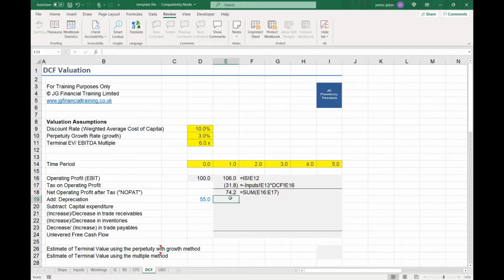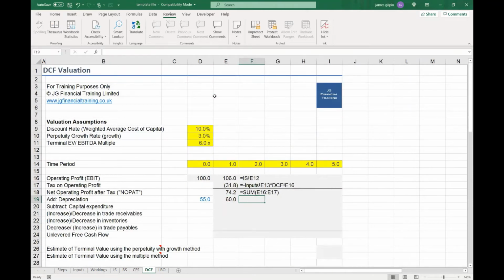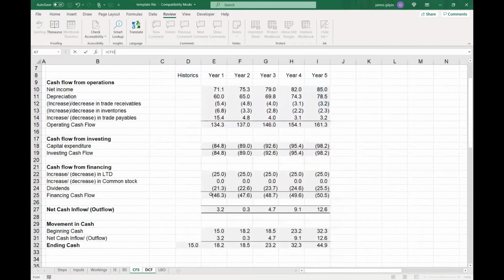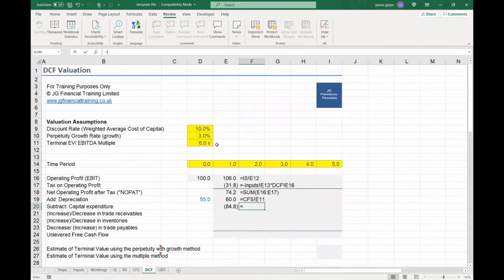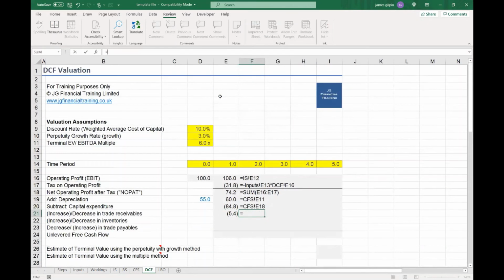Then, just like in my cash flow, I need to add back the depreciation, take off the capex, and look at the cash effects of the other operating items. So the rest of these numbers should just be coming from my cash flow statements, and that's why I'm going to get them all here. So if you go onto the cash flow, I'm going to add back the depreciation, take off the capital expenditure, and then bring in the 3 other operating cash flow numbers.